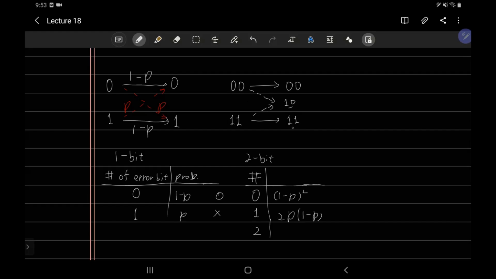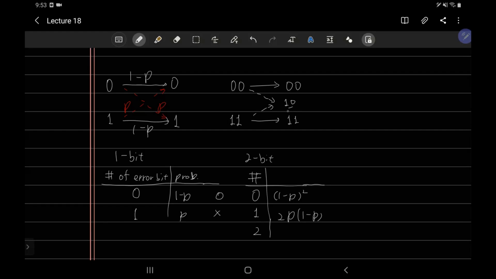So there was no error, so we will just accept this one as 1. In this case, if you compare to the 1 1 case, if we received only 1 0 or 0 1, even though we cannot tell which information was transmitted, we can be sure that there was some error.